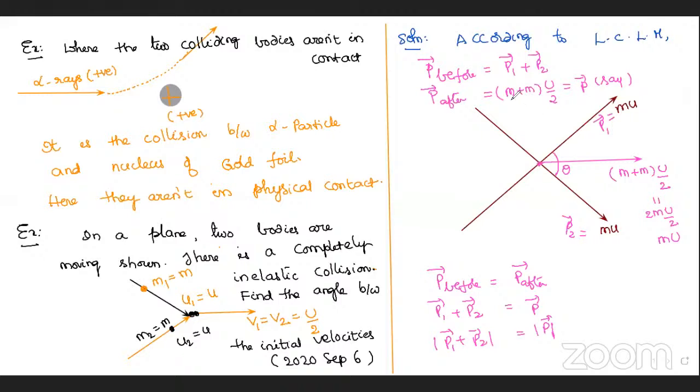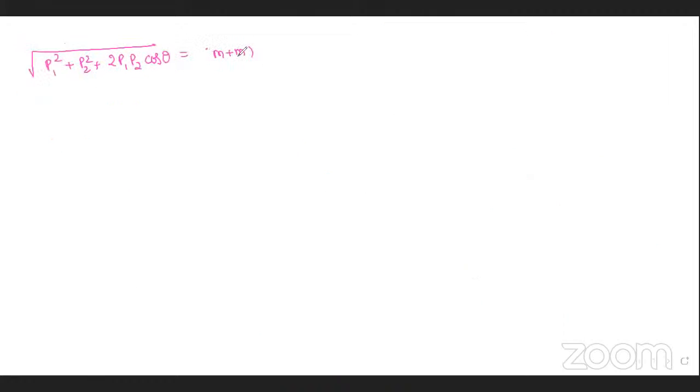Here already I calculated, that is m plus m into u by 2, which is nothing but 2m into u by 2, that equals to mu. Any doubt here?